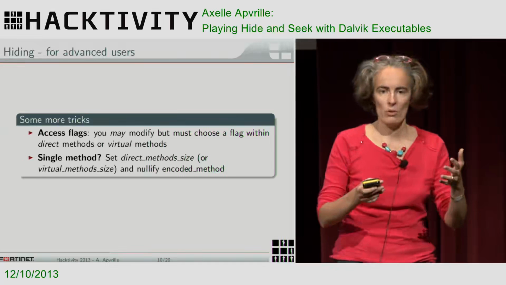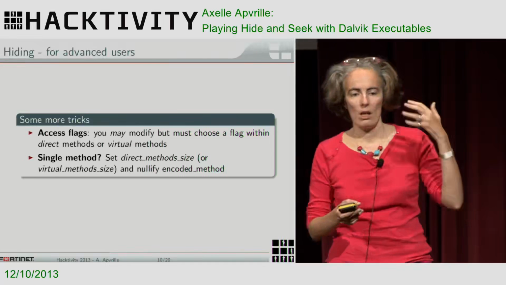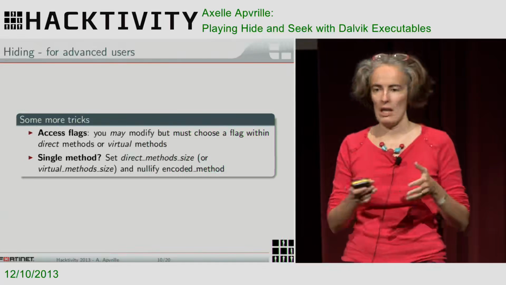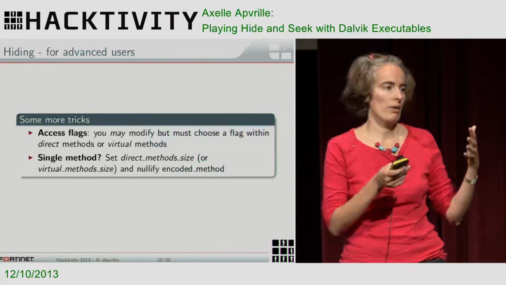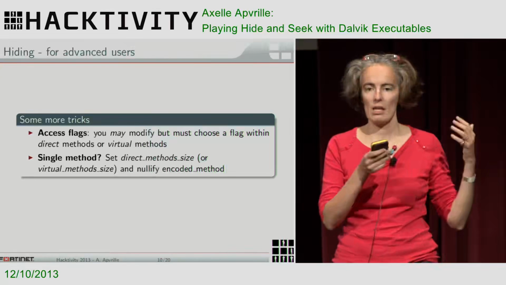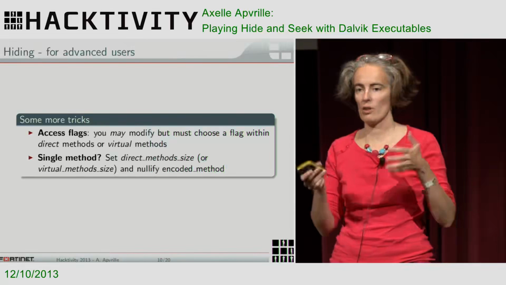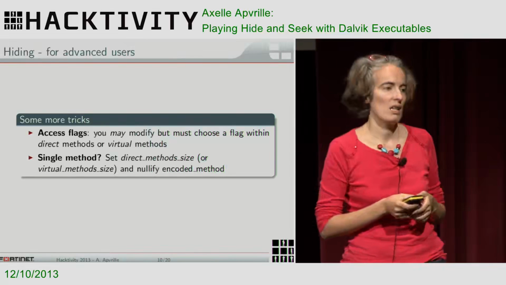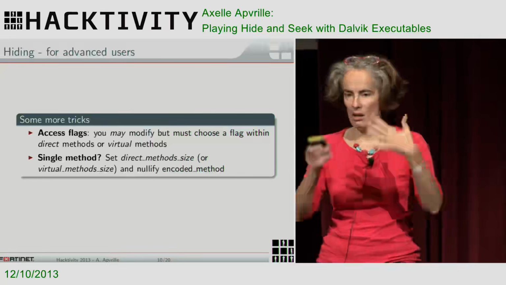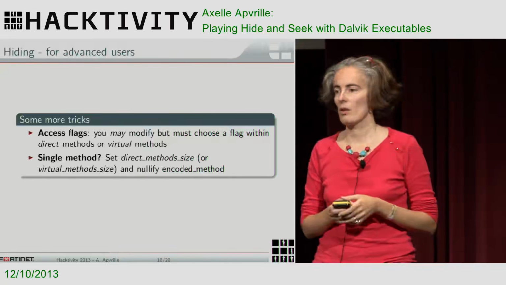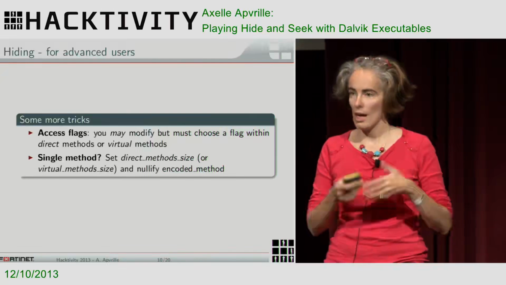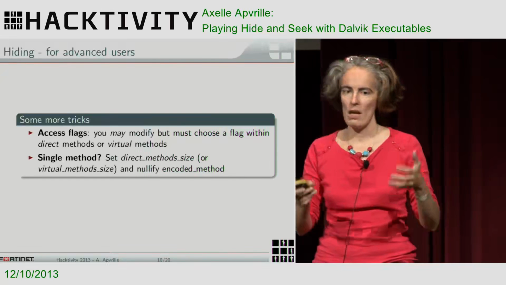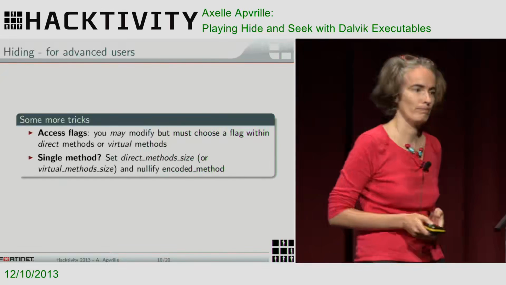What you just have to do is, in the description of the class, you say that either the direct methods array has a size of 0, or the virtual methods array, depending on which one you want to hide. And you nullify all the structure for the encoded method that corresponds. And your DEX still remains valid and usable.